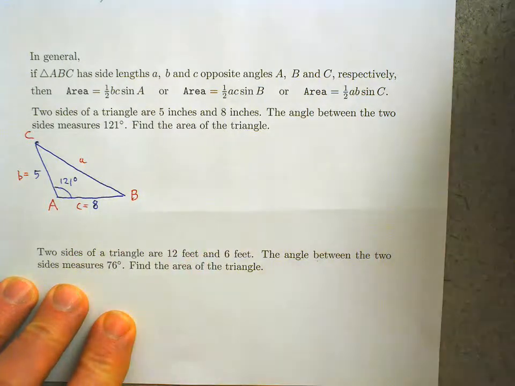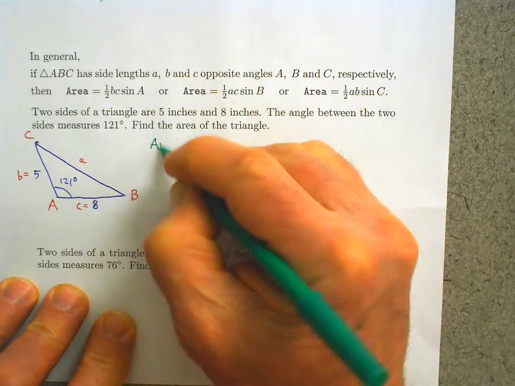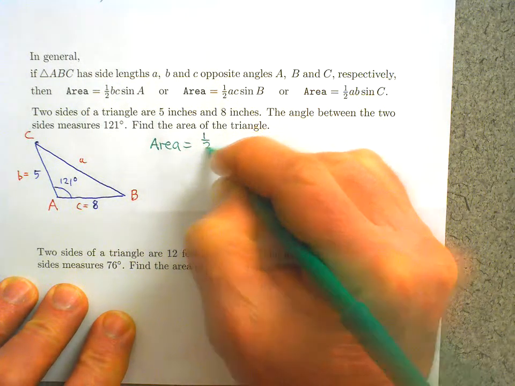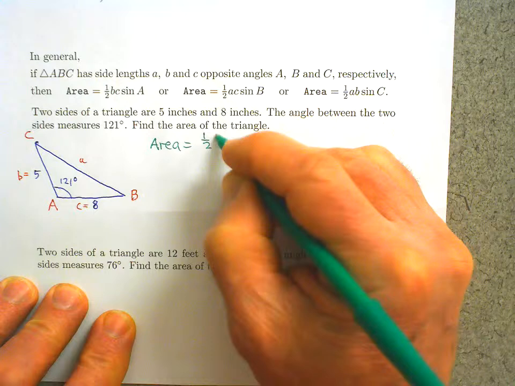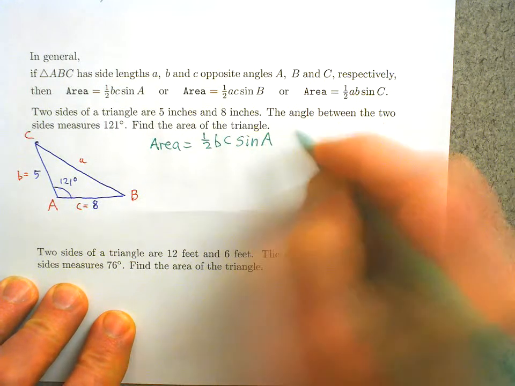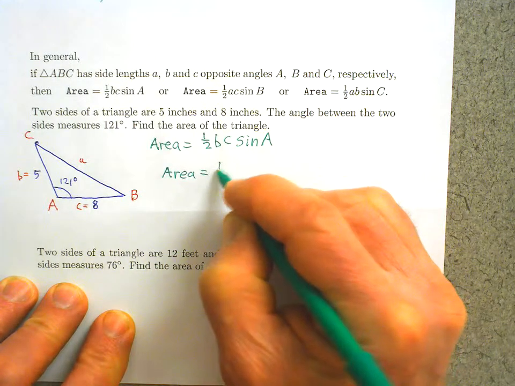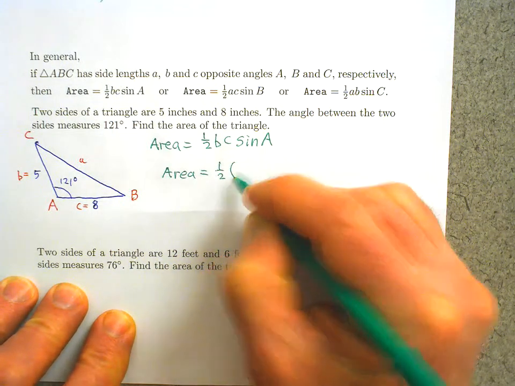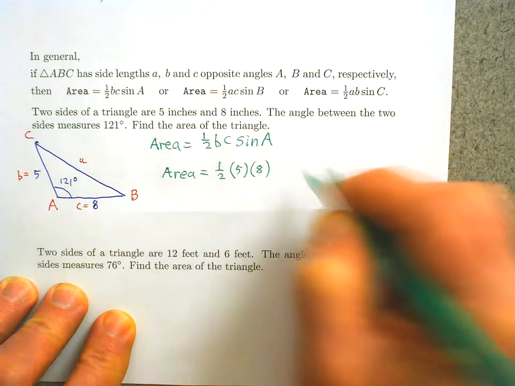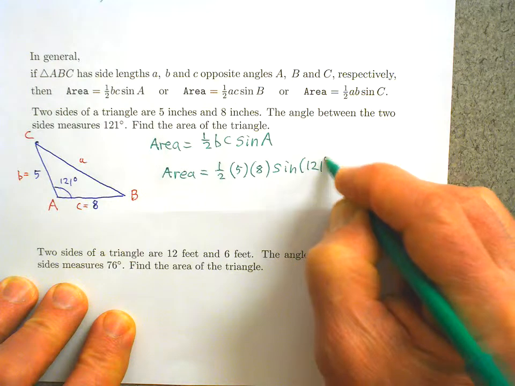In this one, we'll use the area formula, where the area is 1/2 times B times C times the sine of angle A. Since we have all of those quantities, we have 1/2 times 5 times 8 times the sine of 121 degrees.